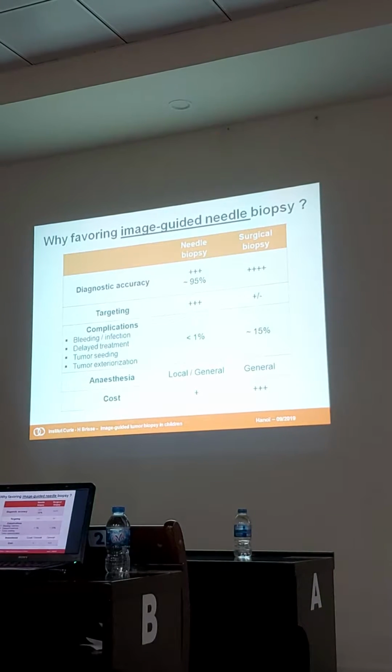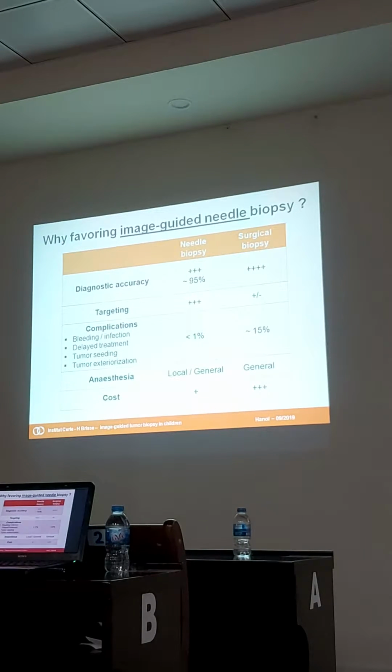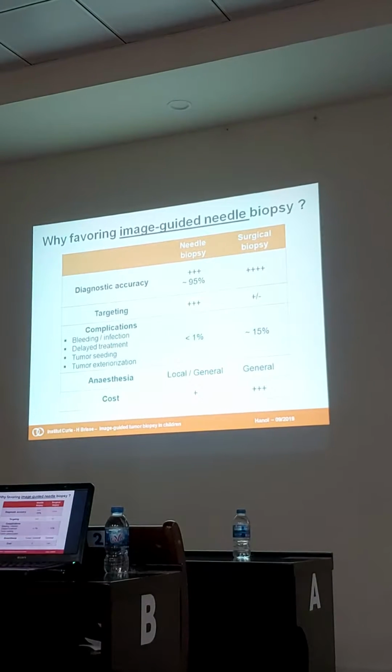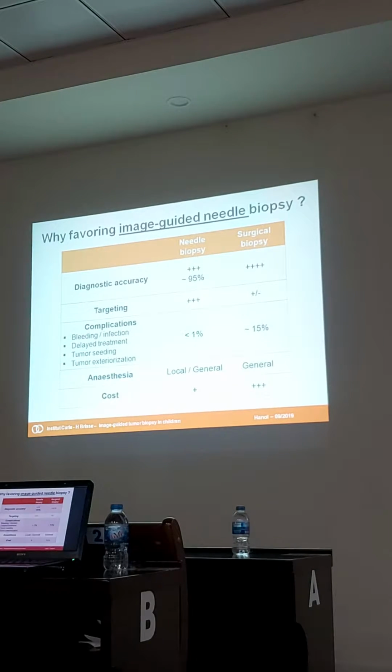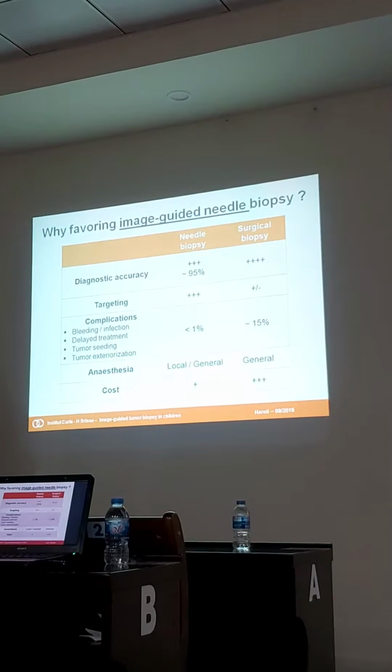And also the most important thing is that you have much less complication with needle biopsy, because it's a mini-invasive approach, so much less bleeding, infection, much less risk of tumor seeding and tumor exteriorization.